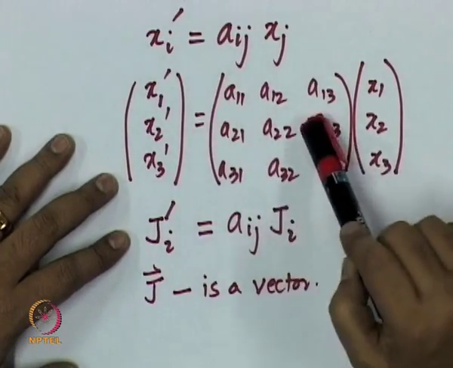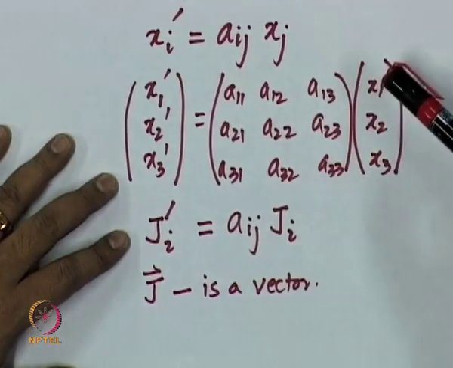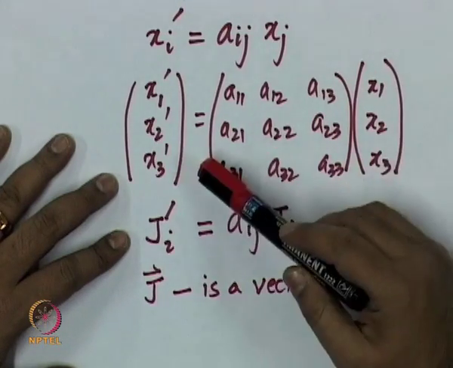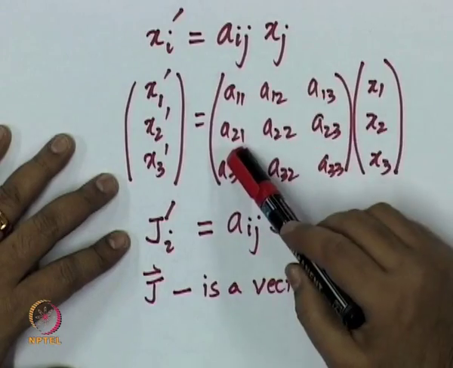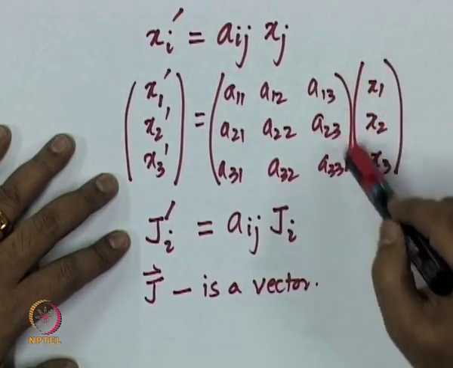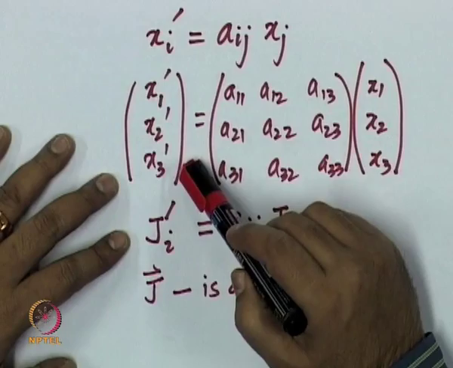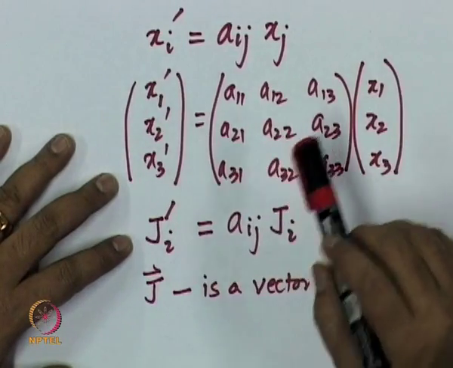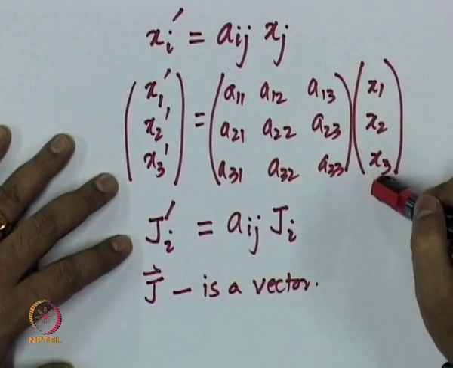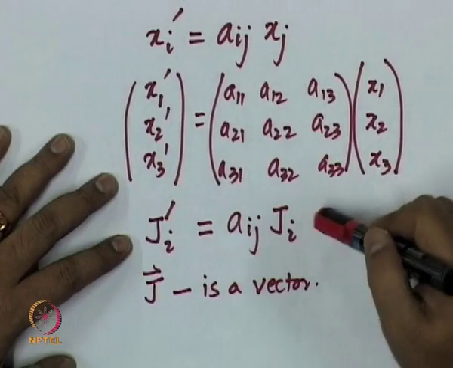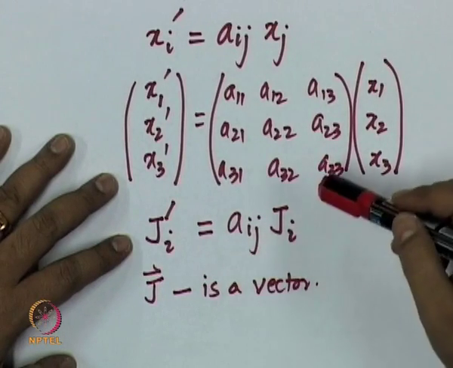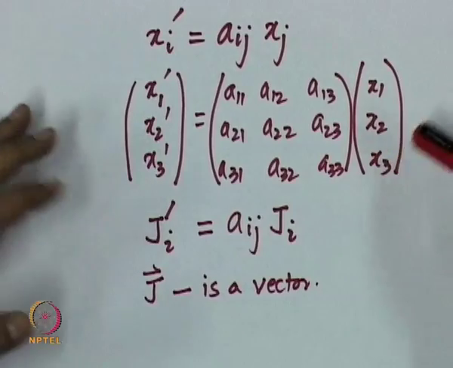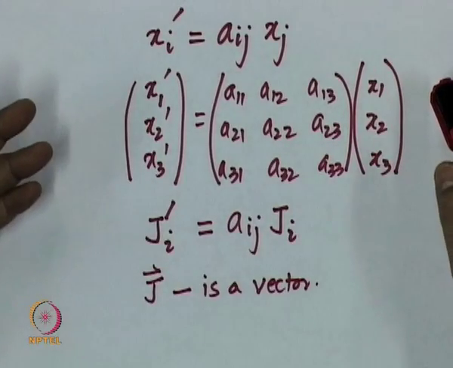And this transformation then tells, if you take the components of a vector, if you do this transformation matrix left multiplication on that, you get the new components. So, suppose I take the j vector, the components of the j vector along x1, x2, x3 I can find out because I have the frame of reference.